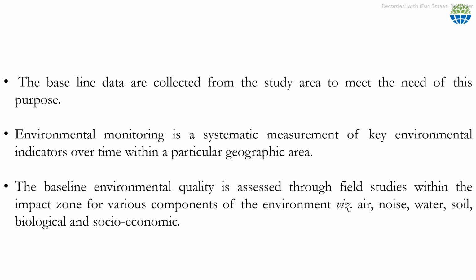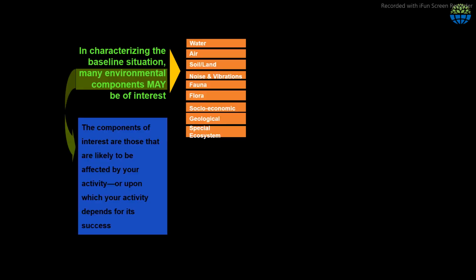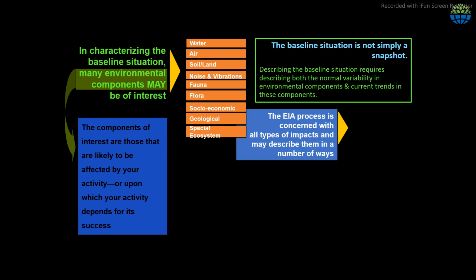Environmental monitoring is a systematic measurement of key environmental indicators over time within a particular geographical area. The baseline environmental quality should be assessed through field studies in terms of air, noise, soil, biological, socioeconomic, etc. So for EIA, air, water, soil, noise, vibration, flora, fauna, socioeconomic, geological, and sometimes spatial ecosystem, and hydrological are required.